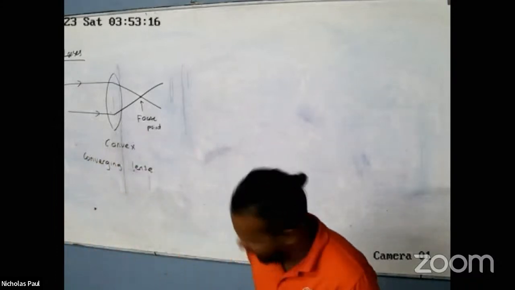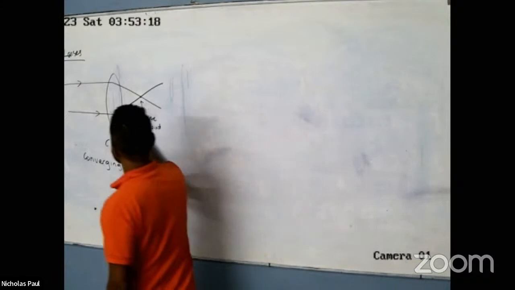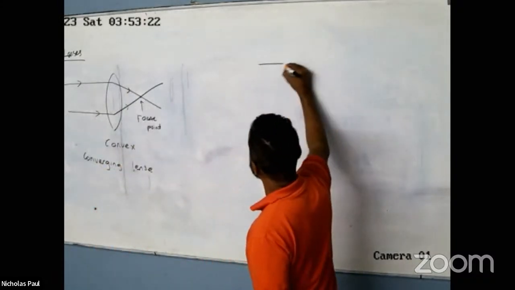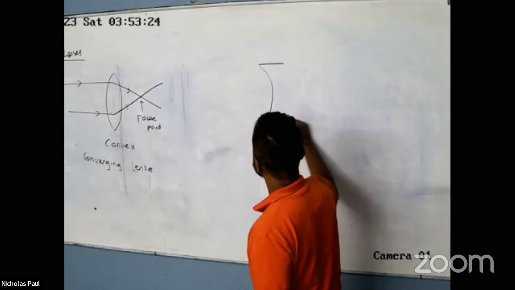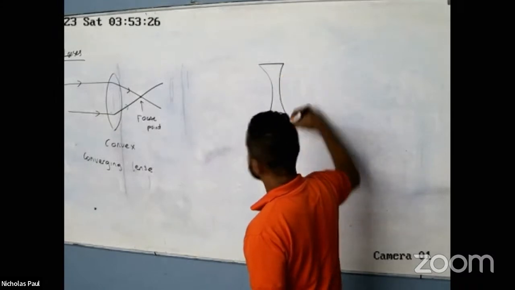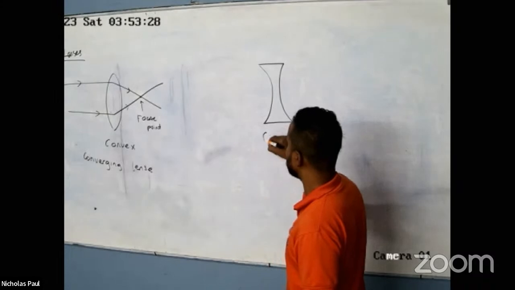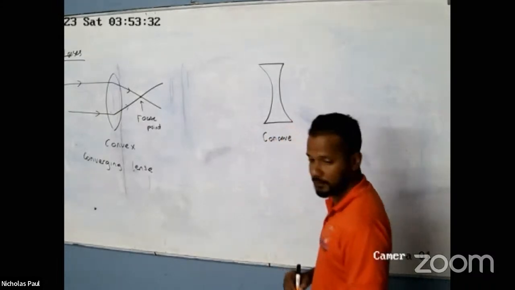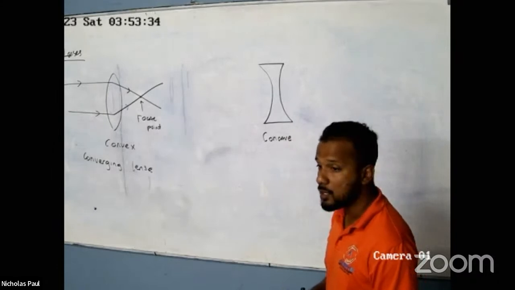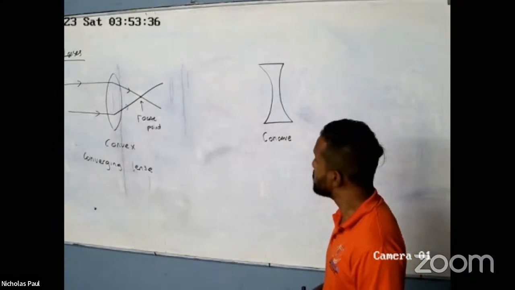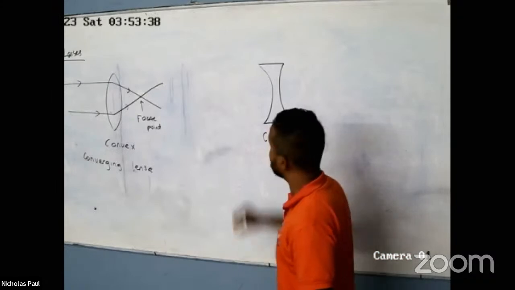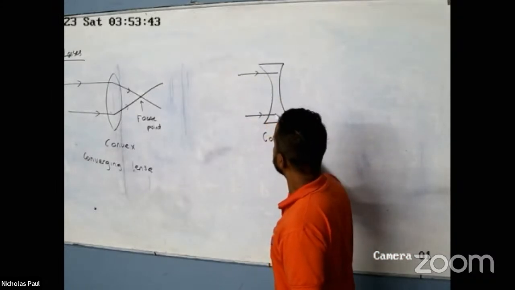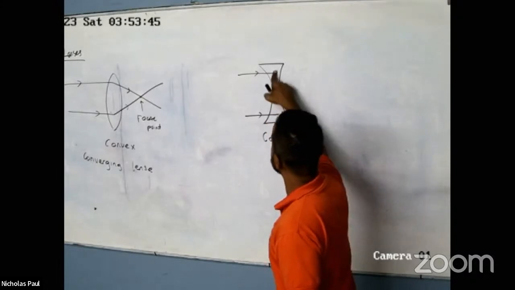That's the first type of lens, and then you have the next type of lens. This one is your concave lens. What's the other name for it? Divergent. So when the light comes here, the light diverges.